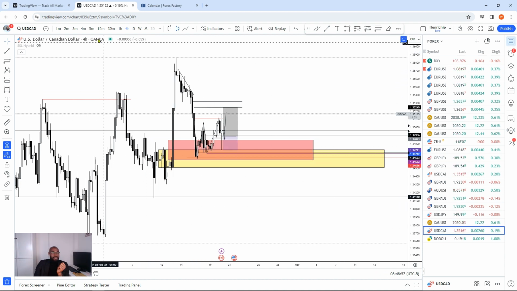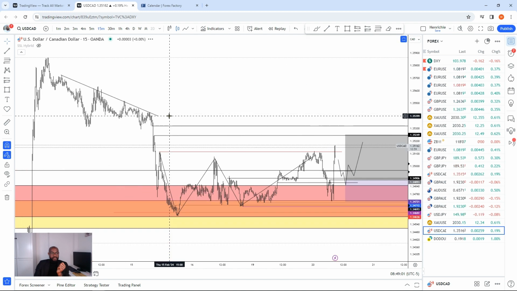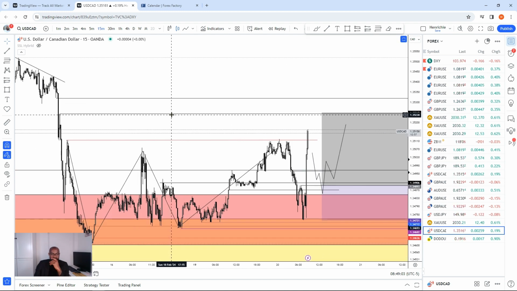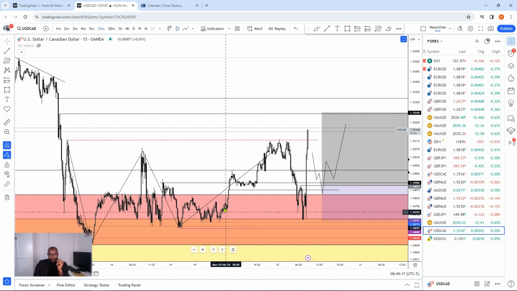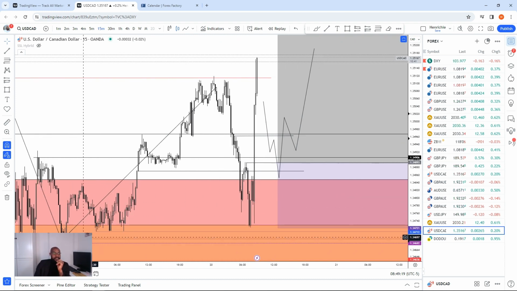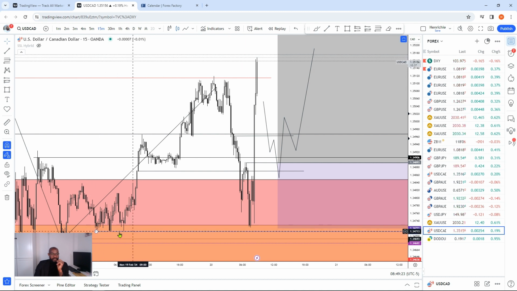So for USD card, it's still going to the upside. USD card, I was anticipating for a run on stops right here.